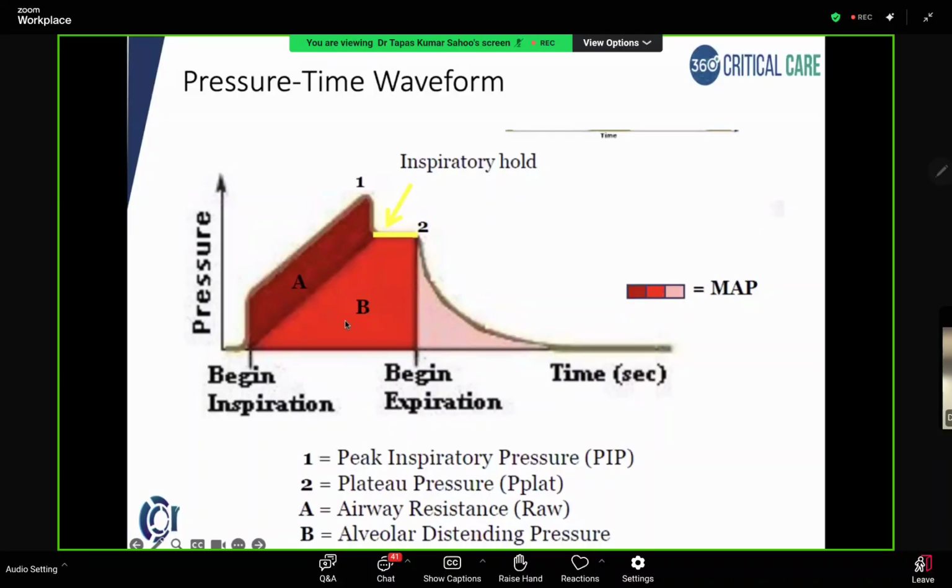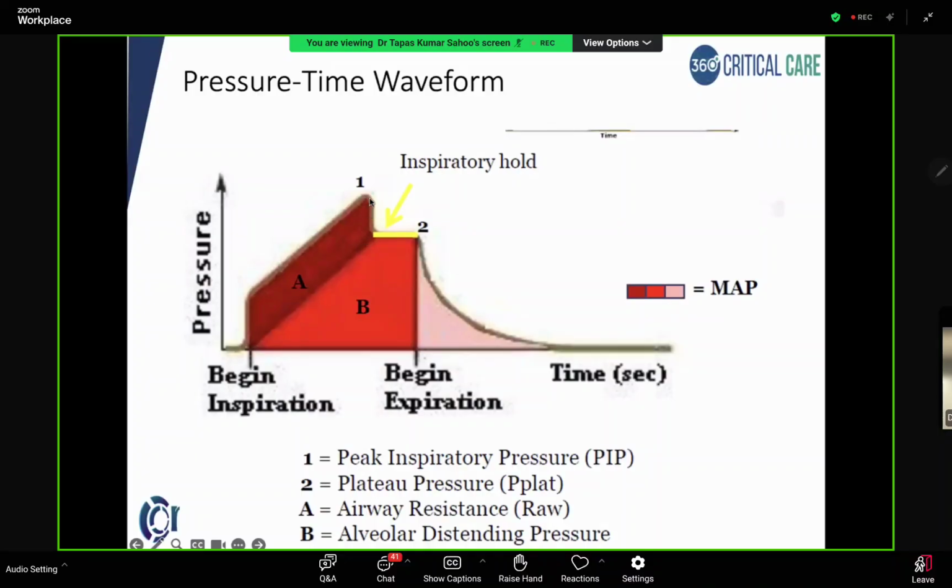Now, what is happening? The B here is the alveolar distending pressure. And that is the whole idea why we want low tidal volume ventilation in ARDS, not distending the alveoli more than what is required. So airway resistance would be the A part and the B part is the alveolar distending pressure.